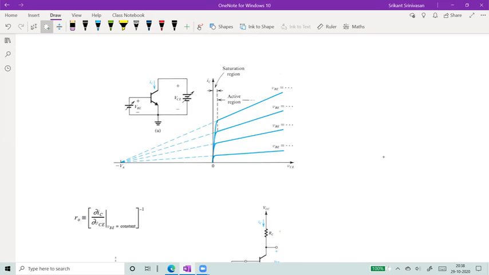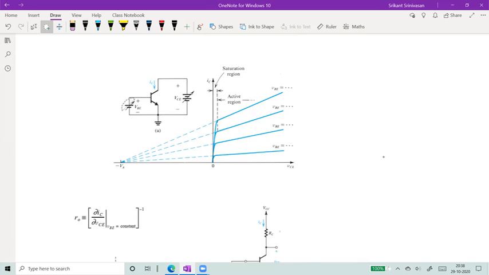If you remember the IV characteristics, if I'm plotting the output characteristics, IC versus VCE, output voltage is VCE and the current is IC. Then normally you expect that these lines should all be flat, but due to the Early effect, there is some increase in the slope. And each of these lines is plotted for a certain VBE.